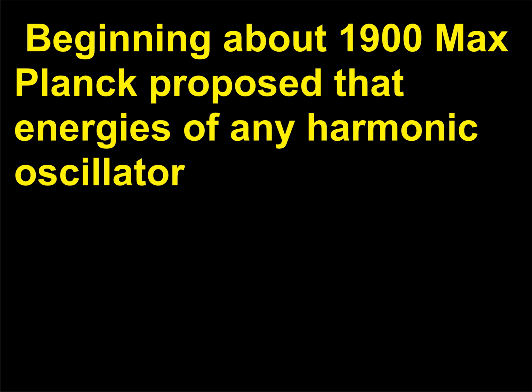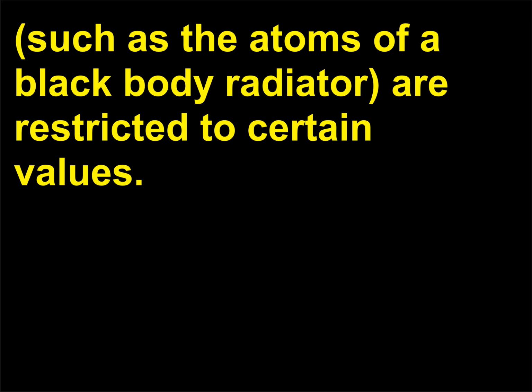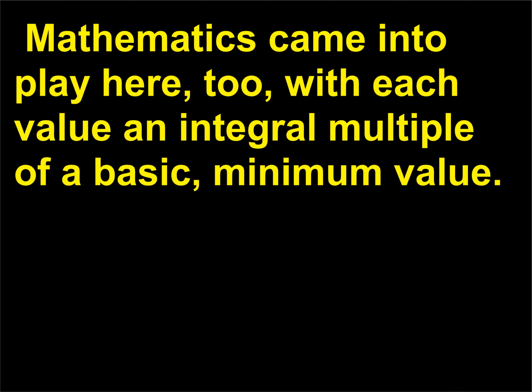Beginning about 1900, Max Planck proposed that energies of any harmonic oscillator, such as the atoms of a black body radiator, are restricted to certain values. Mathematics came into play here, too, with each value an integral multiple of a basic, minimum value.